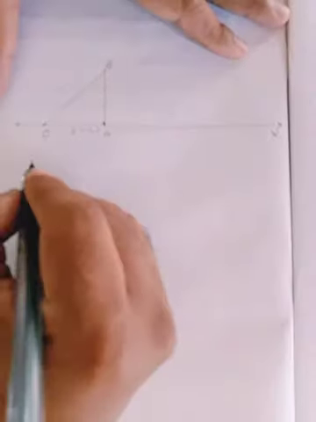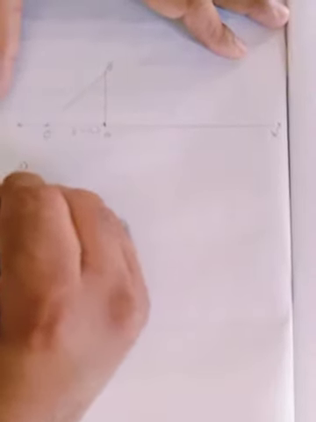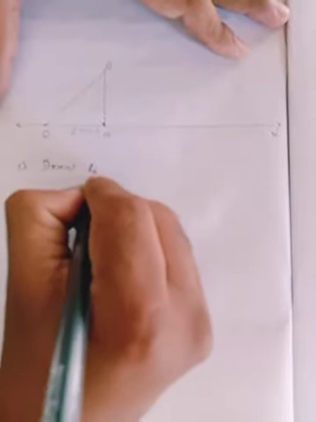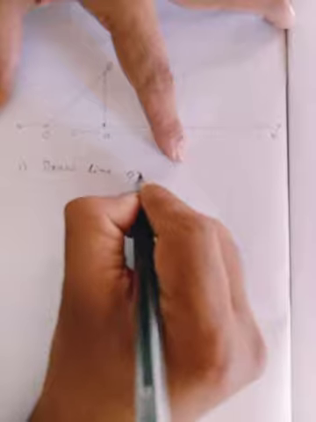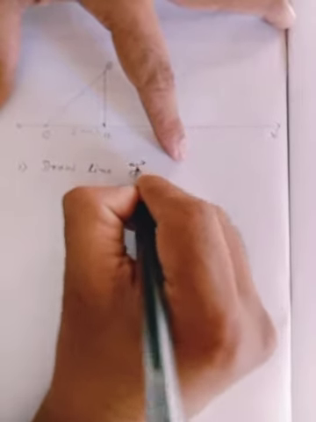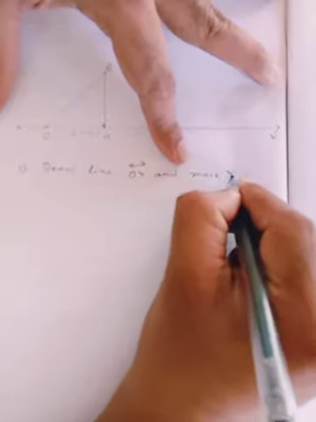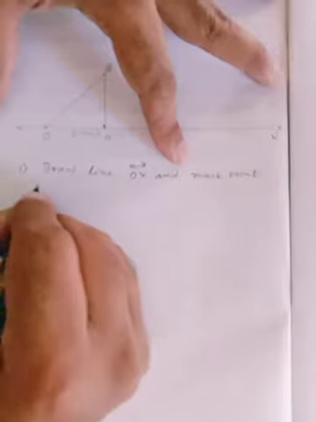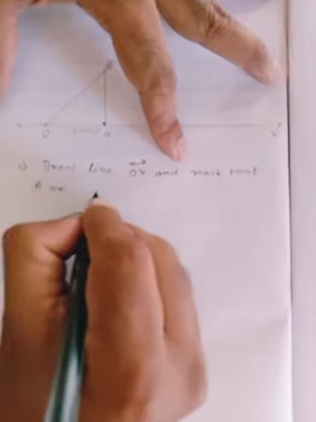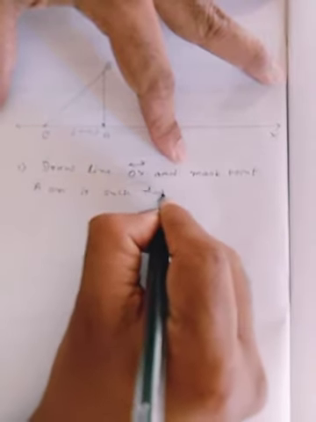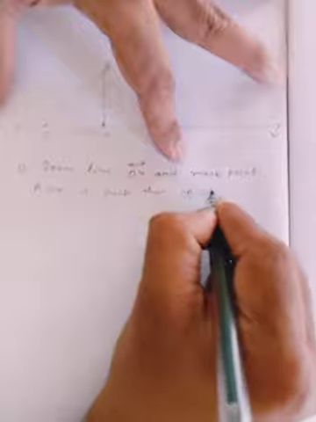So first we have constructed: draw line OX and mark point A on it such that OA equals 1 unit.